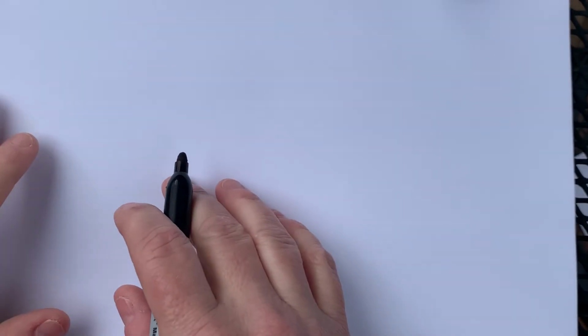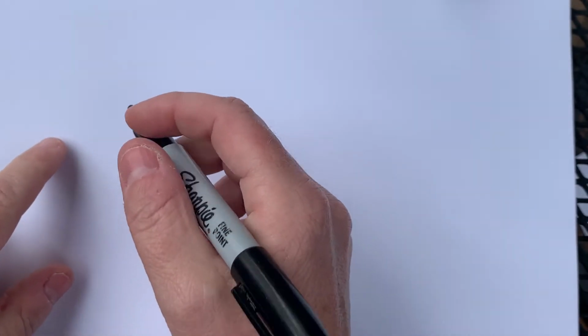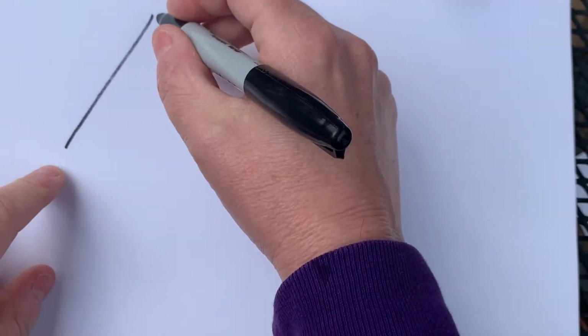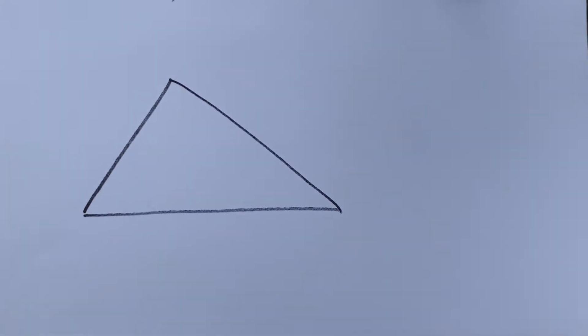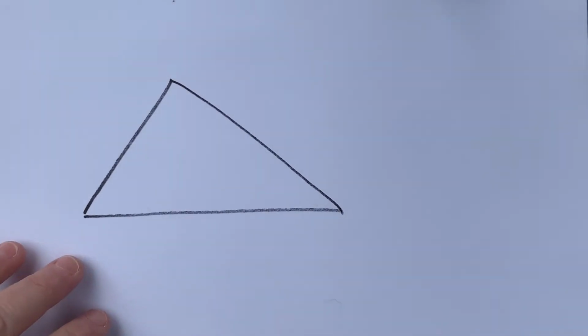Hey, let's do a quick review of yesterday. Yesterday, we said if we have any triangle, specifically an oblique triangle, we've busted away from needing to use right triangles.